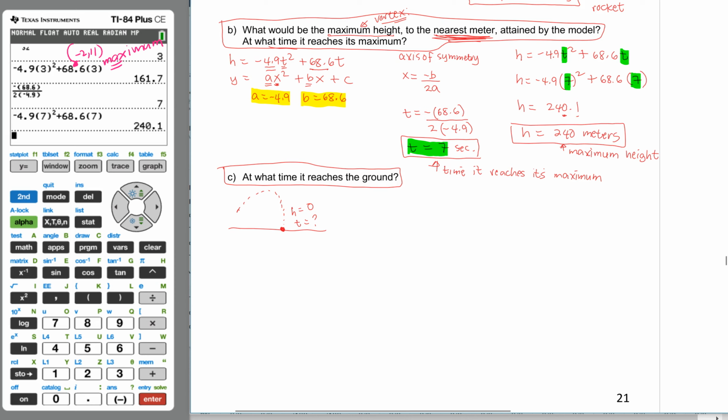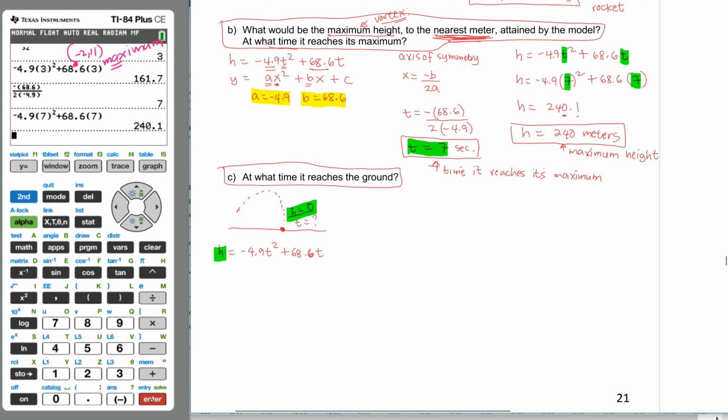So from the equation given, you have h equals negative 4.9 t squared plus 68.6 t. This time your h is equal to 0, so I'm going to plug it in here.